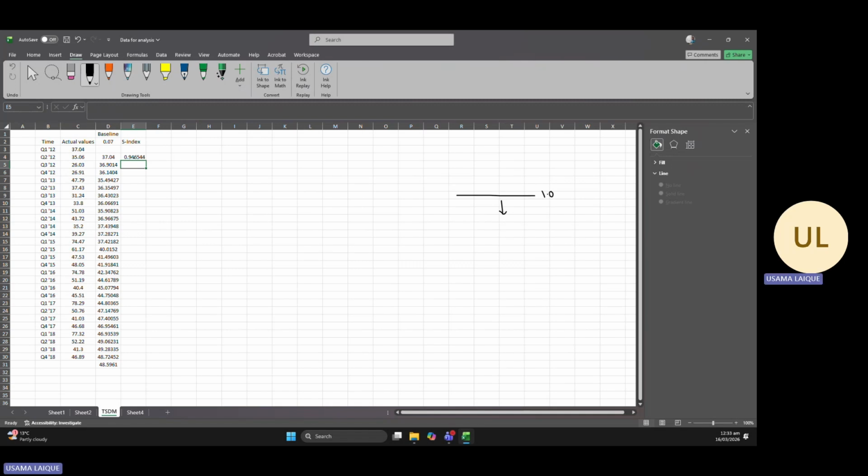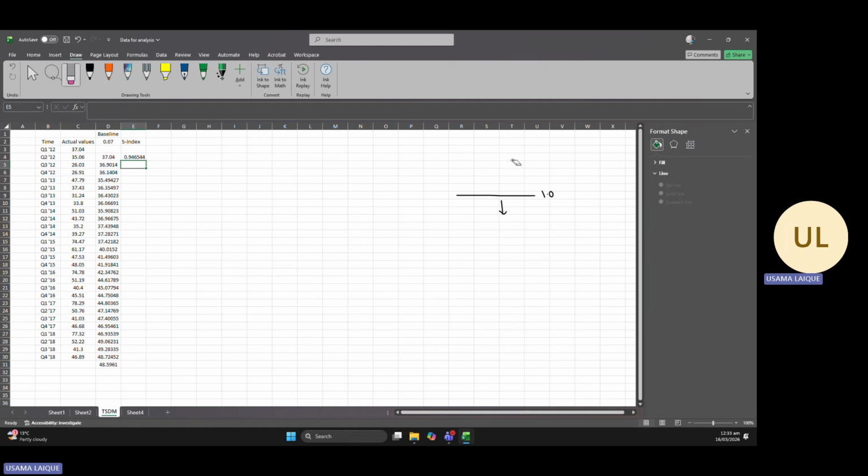If the value was, let's suppose, 1.94, then we would interpret it as seasonality or irregularity being 94% above the baseline. Any value more than 1 corresponds to the positive part of the seasonality, and any value below 1 represents a negative part of the seasonality.